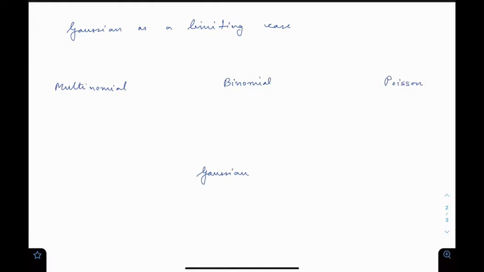So the multinomial is characterized by a vector of random variables k, the probabilities and the number of trials. The binomial, we have a single random variable k with the parameters n and p. Poisson is described by the random variable k and its mean mu. And lastly, we have Gaussian. It's characterized by both the mean and the standard deviation.